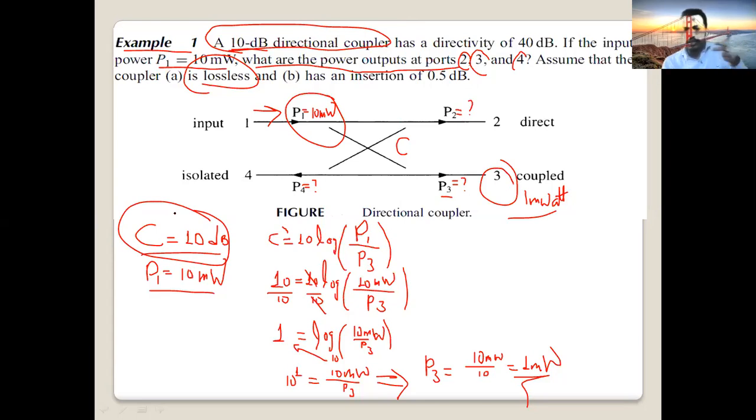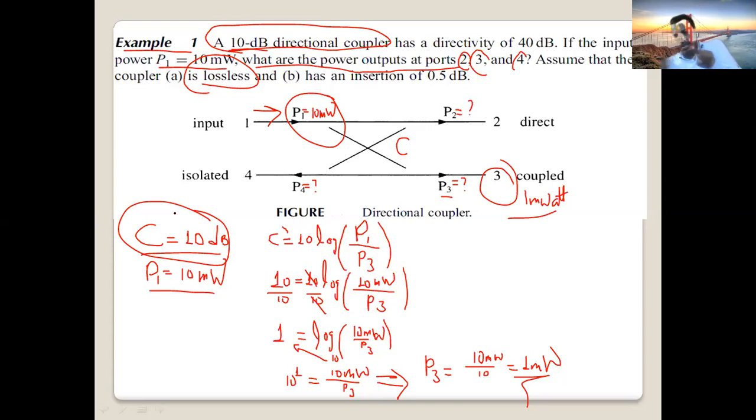As we have discussed, a directional coupler is used to sample, to divide a signal into two. In coupling, the two wires are not in physical contact, but they are very close to each other. So when you apply a signal here, it will be coupled by magnetic coupling or induction from one line to another line.